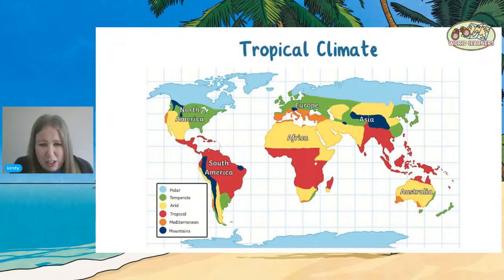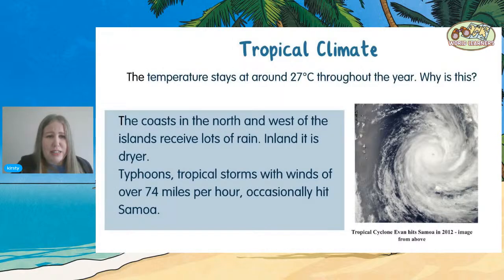And you can maybe see that one of those dots might be Samoa. Can you spot it to the right of Australia there? The cluster of islands. It's so small it may not even be marked on this map. But yes, it would fall into that red category of having a tropical climate. So the temperature stays at around 27 degrees throughout the whole year. Why does that temperature remain so consistent?